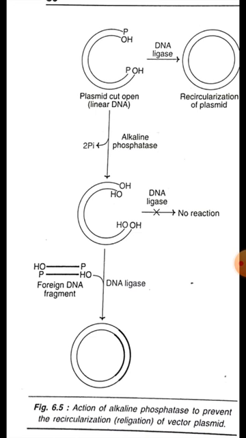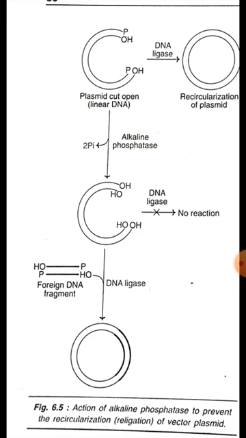and the whole experiment is going to be a failure. Therefore, after cutting the plasmid DNA with the restriction endonuclease, I will add alkaline phosphatase to it, either the BAP or the CIP. Which one to add when, I will tell you a little later.